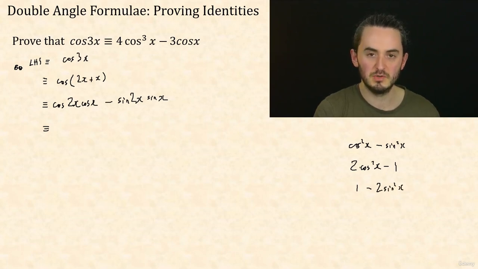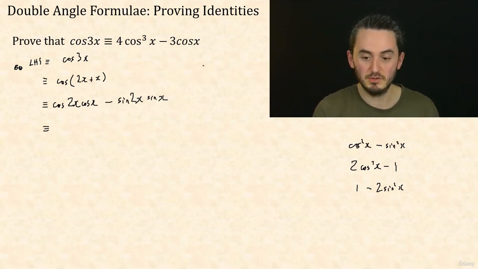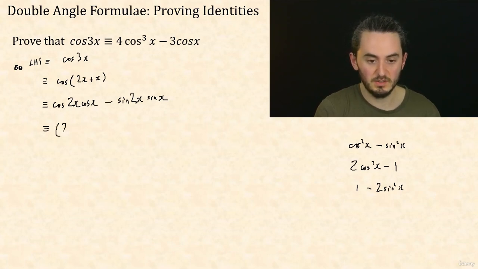So which should I use here? Well, look where we're trying to get to. We're trying to get to a place that has only coses in it. So I guess I'll use the one that only has coses in it. So that would be 2 cos squared x minus 1 times cos x.